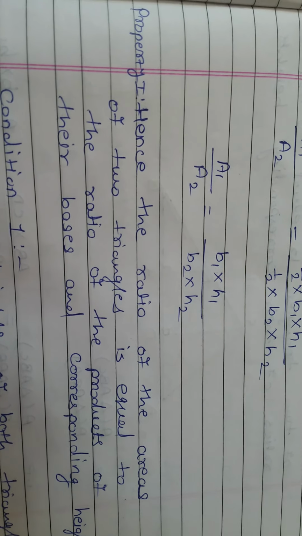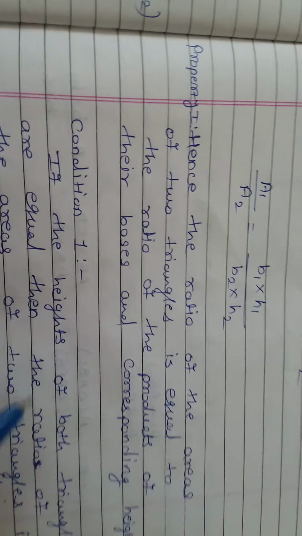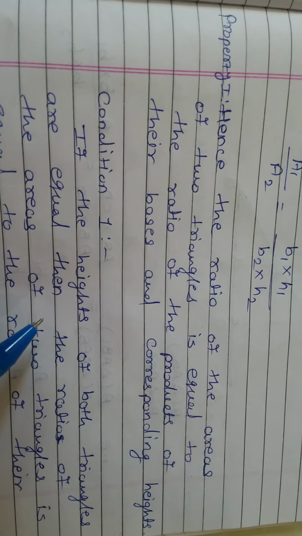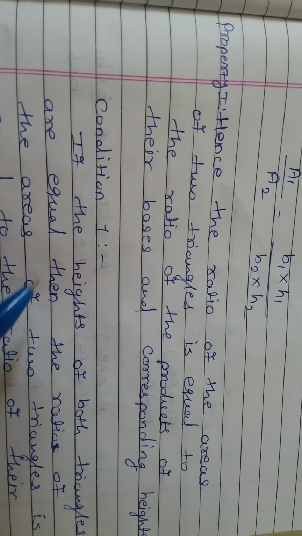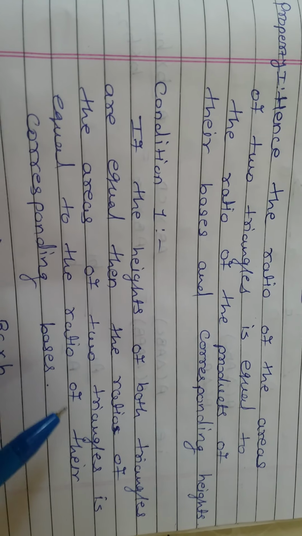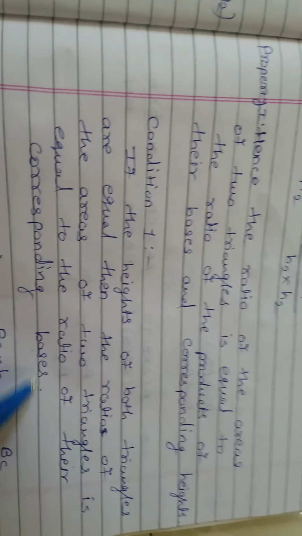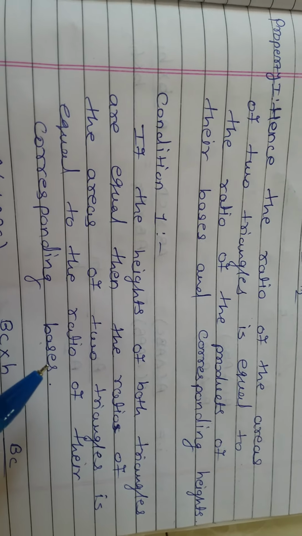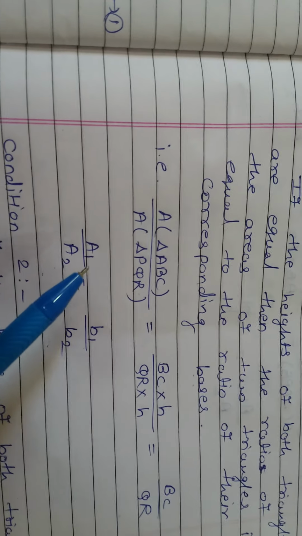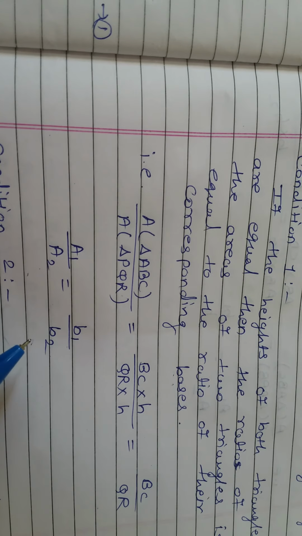Now here we put some conditions. Condition first, if the heights of both the triangles are equal, then the ratio of the areas of two triangles is equal to the ratio of their corresponding bases. If heights are equal, then the ratio of their areas is equal to the ratio of their corresponding bases. That is, here we have to prove that A1 upon A2 is equal to B1 upon B2.